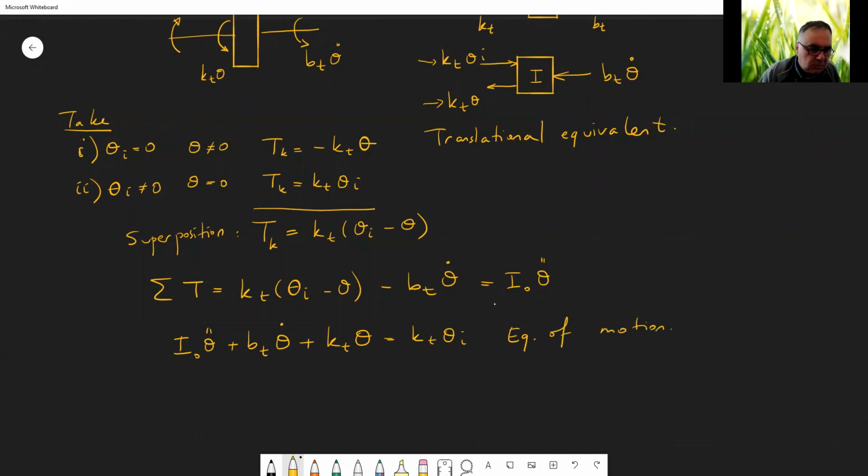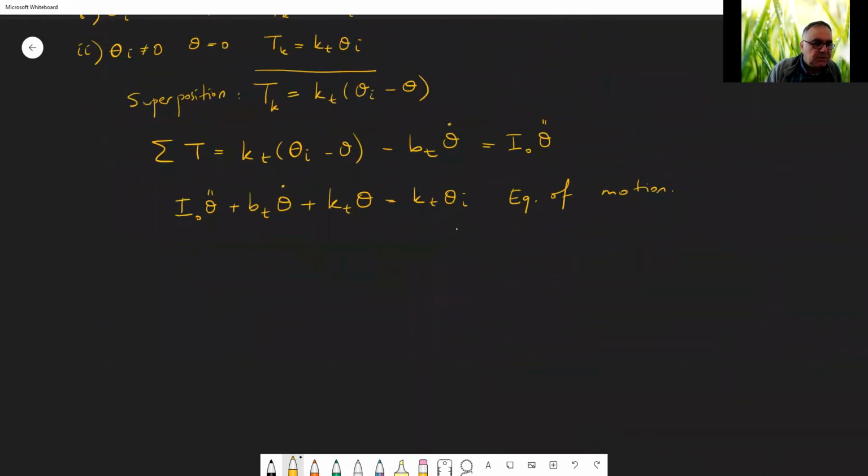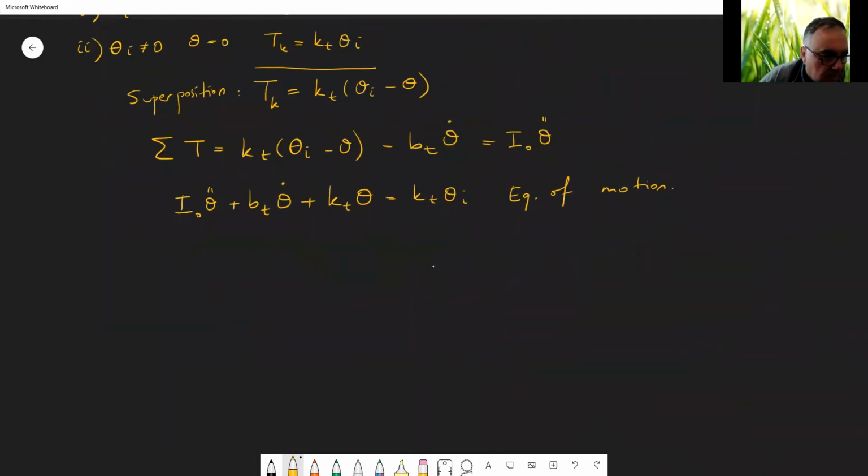And if you do the usual Laplace transform trick, you get your output theta of s divided by the input.